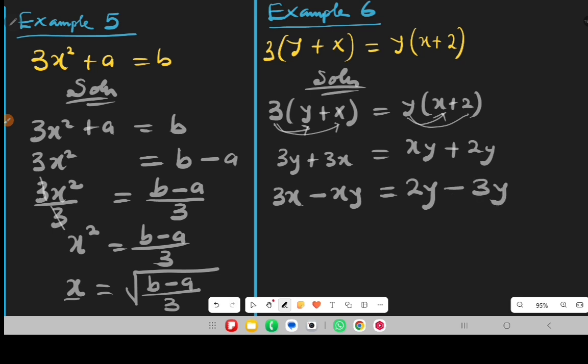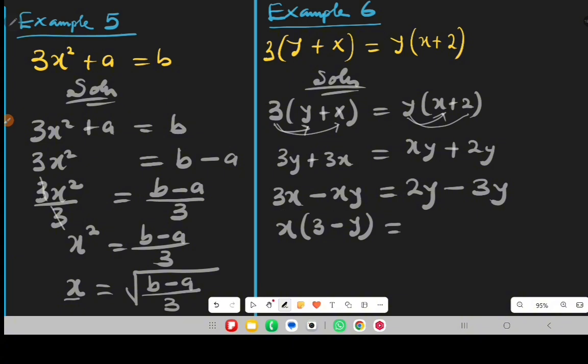Next step, we factorize. Factorize means put in the bracket again. We have what is common, x is common, then it becomes x, which is common, into 3 minus y. If you open the bracket, you get back this expression again.